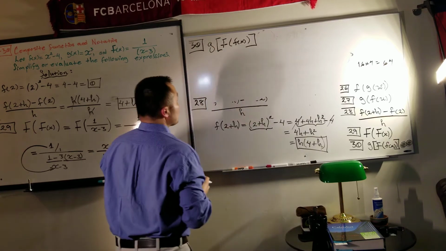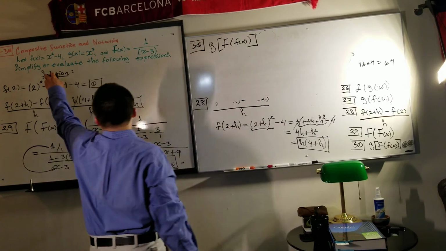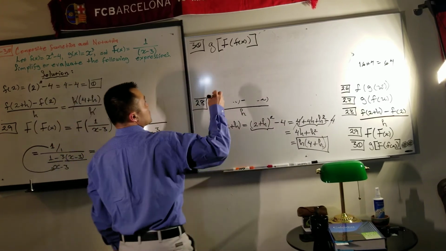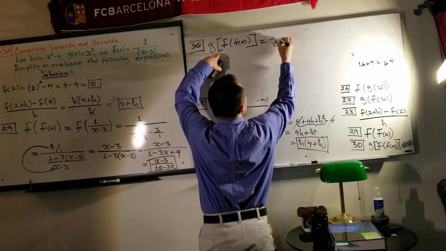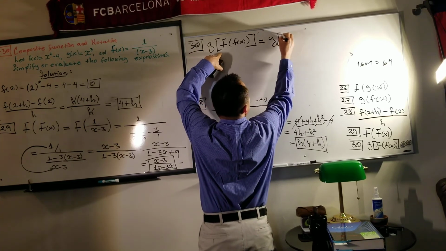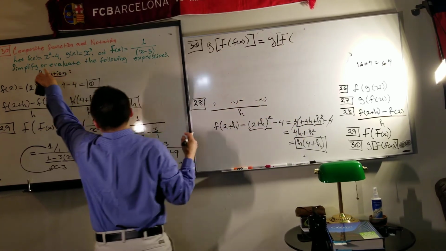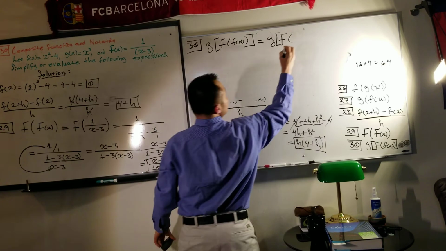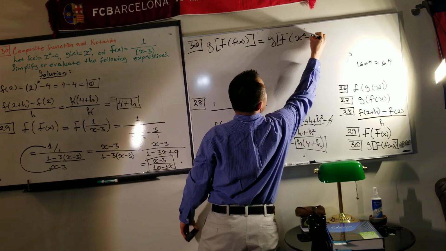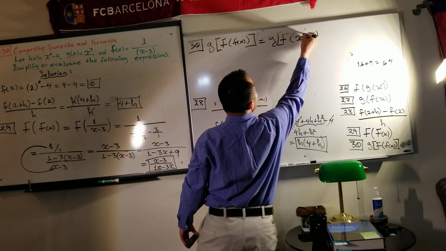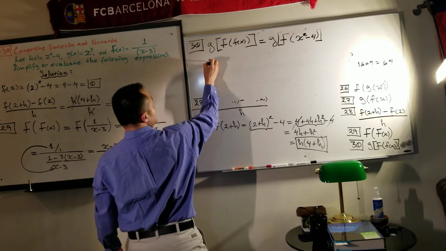So first of all, we know who f of x is. F of x is equal to x squared minus 4. So this is equal to g of capital F of f of x. F of x is x squared minus 4. We're going to continue here.